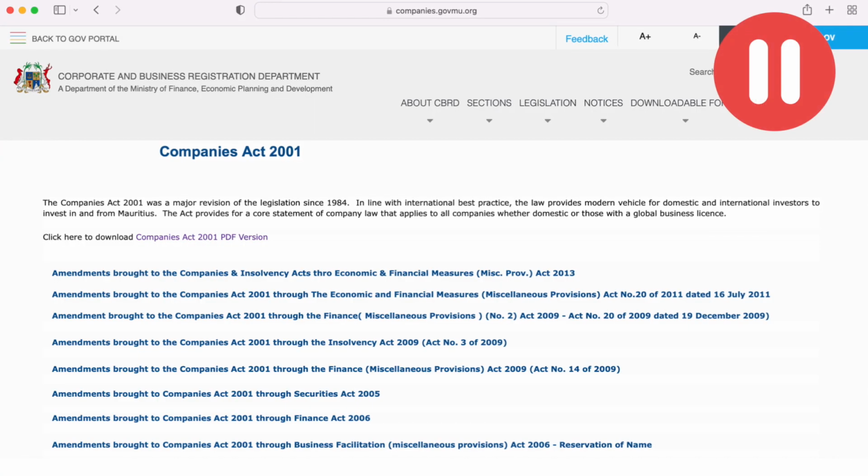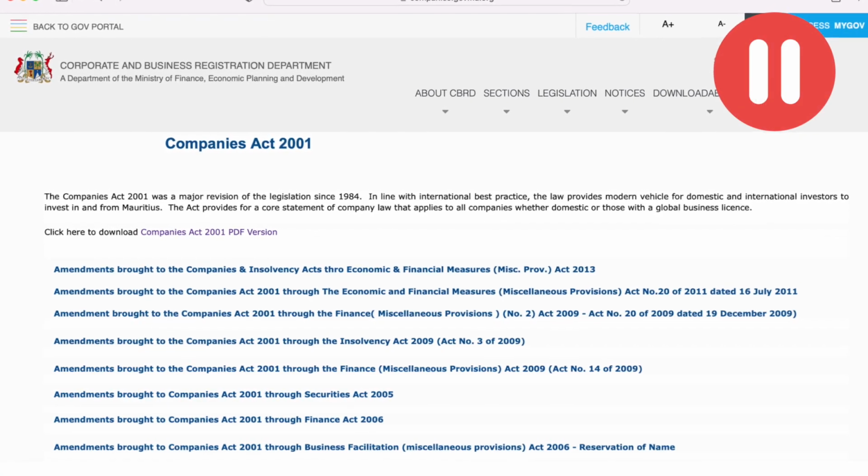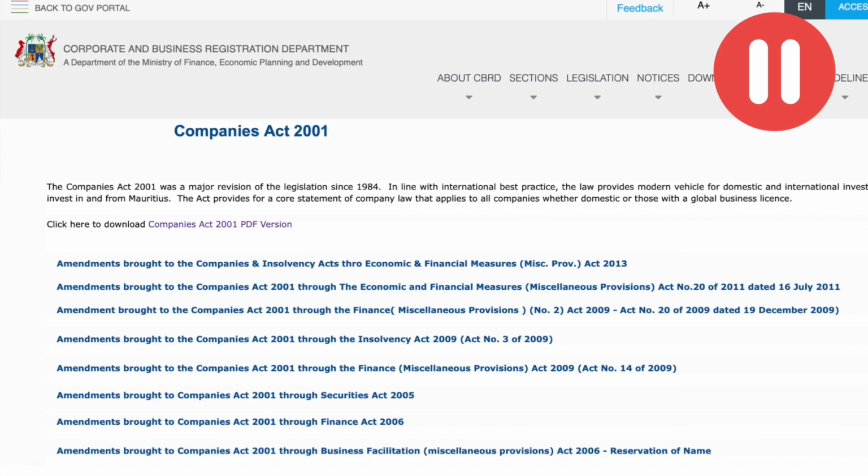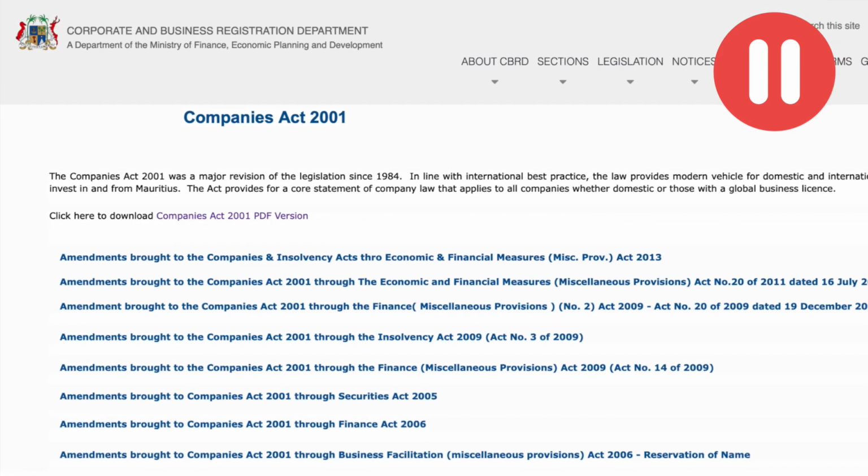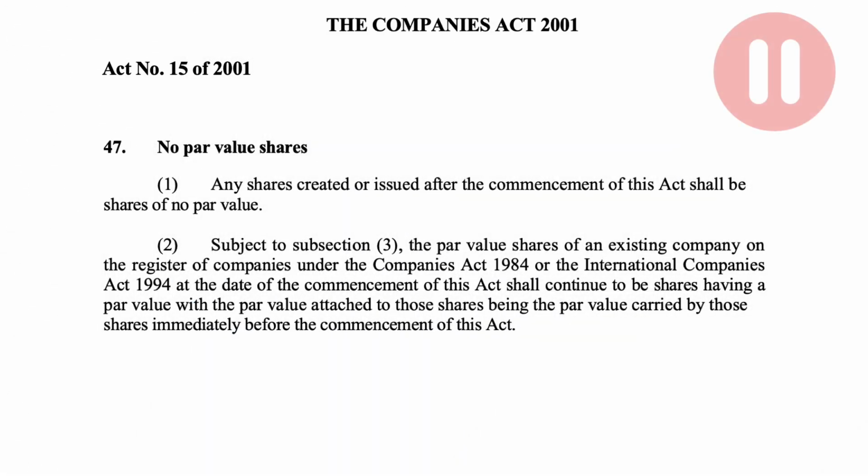I won't be reciting the exact sections of the Companies Act, but instead, I'll be simplifying the information for better comprehension. Feel free to pause the video before each section is discussed so that my explanation aligns with what you are seeing. Let's start with Section 47 of the Companies Act 2001 regarding no par value shares.